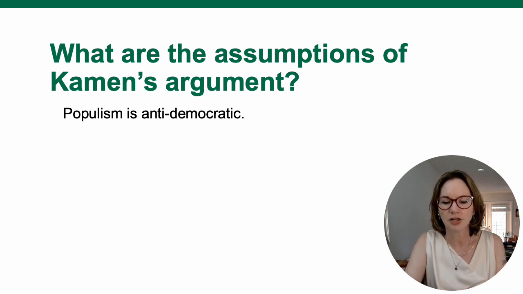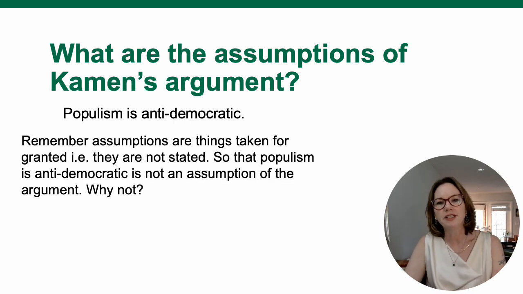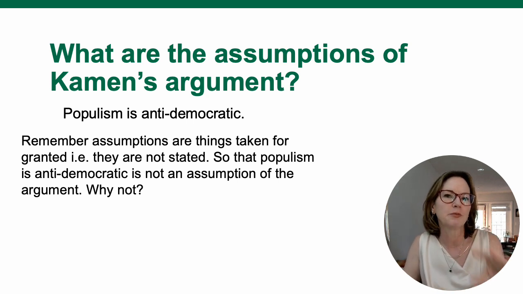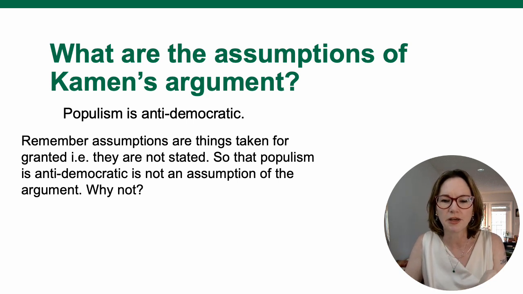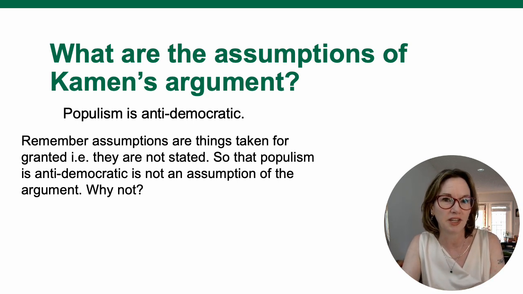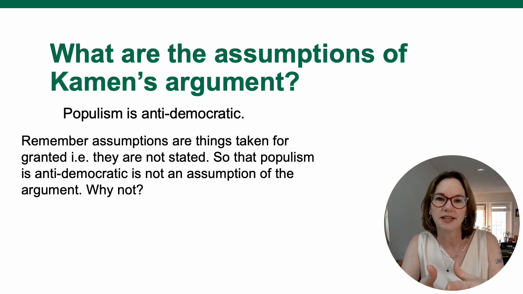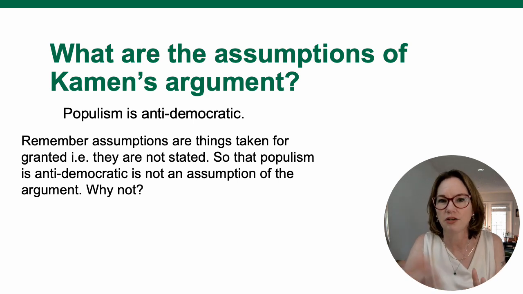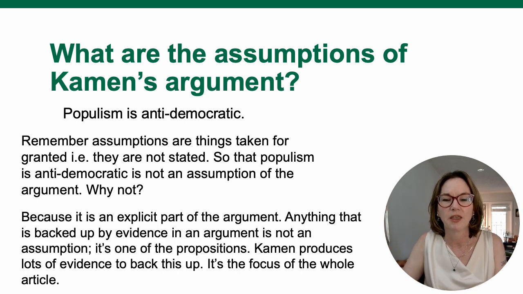The answer is no. The reason why it's not an assumption is because assumptions, remember, are things that the author leaves unsaid. Kamens spends a lot of time talking about this and trying to convince you of the truth of it. So if that's the case, then you know that it's not an assumption. It's a part of the proposition of how they're building their argument.